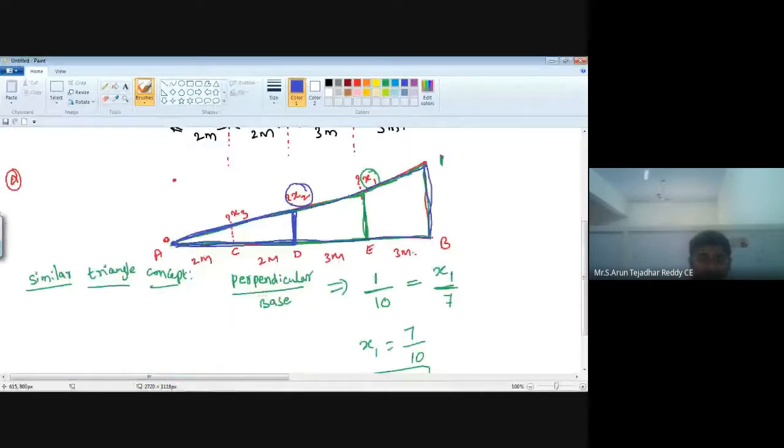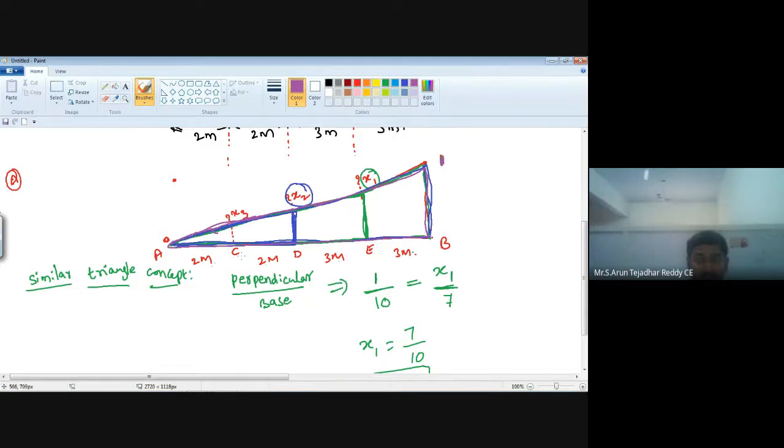Now, last one is x3. Same concept by similar triangle. Consider first the bigger triangle. Maximum intensity is 1, which is the perpendicular.